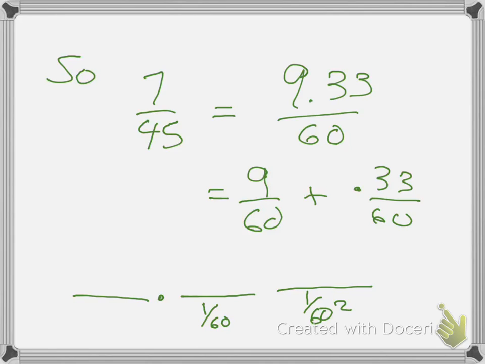Well, I don't want that 0.33. That's not a valid base 60 digit. So I'm going to break it up as 9 over 60 plus 0.33 over 60. So that means that the 9 goes in this spot, and now we're trying to figure out what goes in the 1 over 60 squared spot.